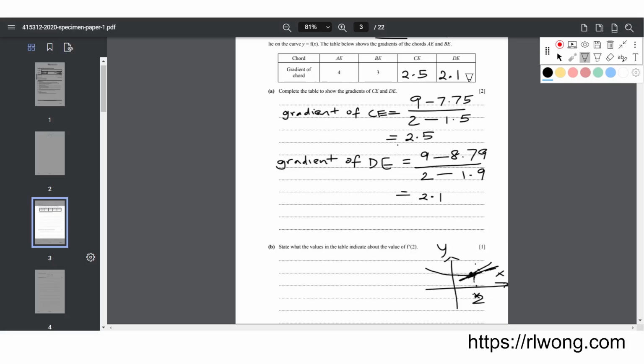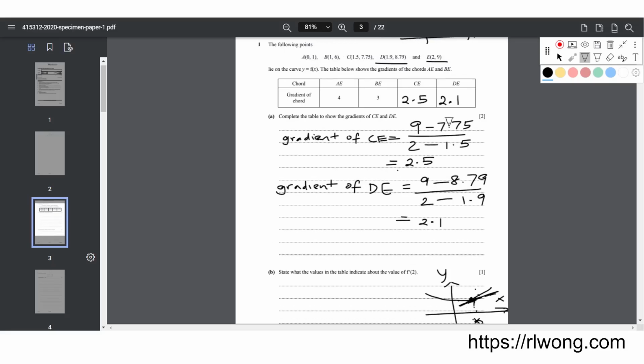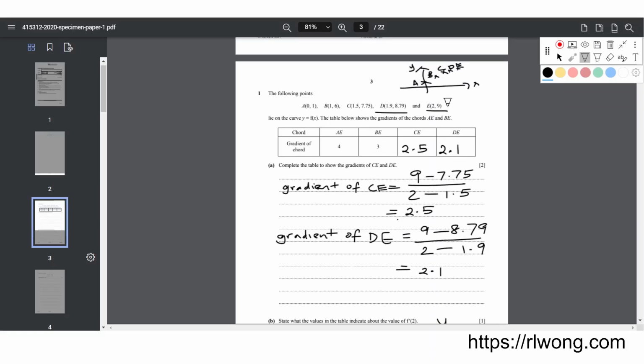So the gradient that is closest to the gradient at x equals 2 is probably DE, because point D is closest to E compared to the other points. So you know that the gradient is close to 2.1.